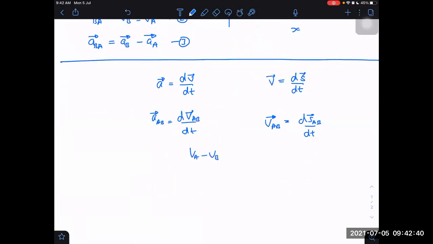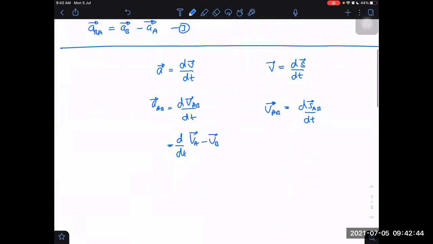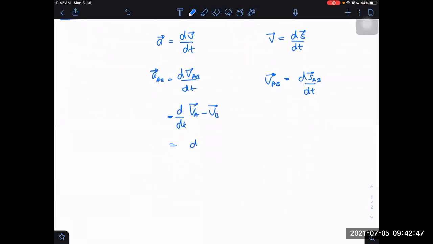You can write it as the derivative of VA minus VB, or you can further write it as the difference of derivatives. Is it not the same thing only? We know already acceleration of A with respect to B will be equal to acceleration of A minus acceleration of B. Right or not? Yes, sir. That only.